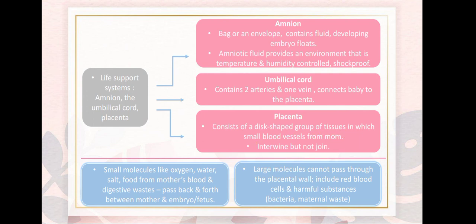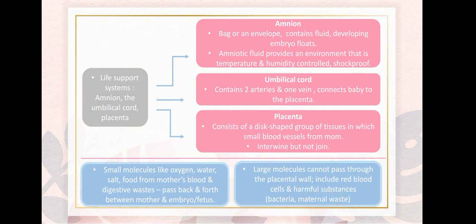Okay, small molecules like oxygen, water, salt, food from the mother, and blood and digestive waste pass back and forth between mother and embryo or fetus. Large molecules cannot pass through the placenta wall. These include red blood cells and harmful substances such as bacteria and maternal waste.